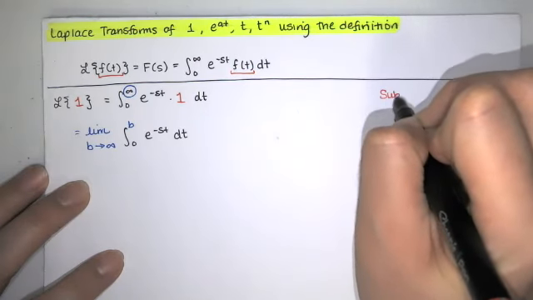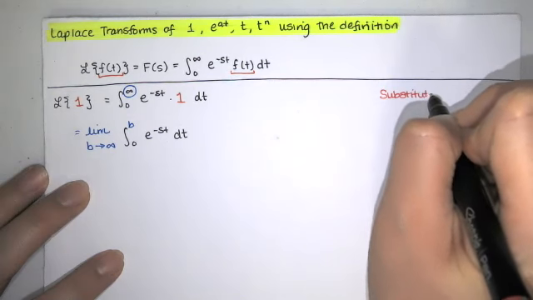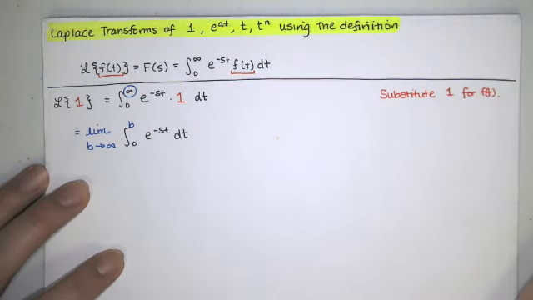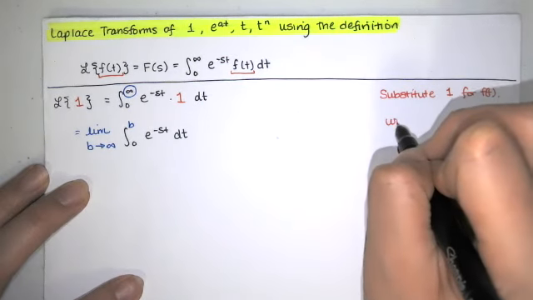So we are following this process. We're going to substitute 1 for f of t, and then we write the improper integral as a limit.